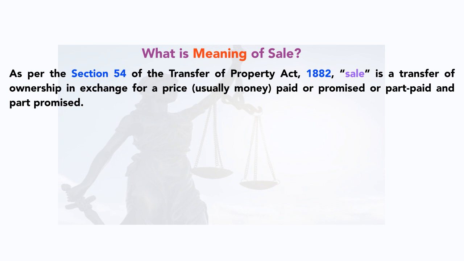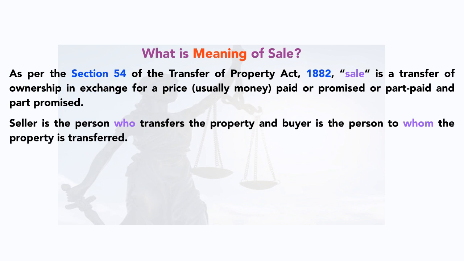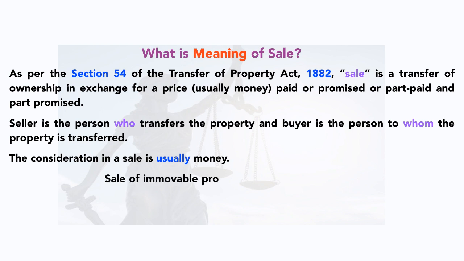Seller is the person who transfers the property, and buyer is the person to whom the property is transferred. I believe these two terms are simple for you. The consideration in a sale is usually money. Sale of immovable property can be made by a registered deed if the value is rupees 100.